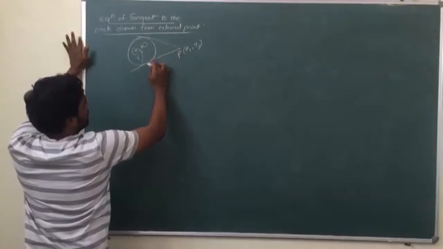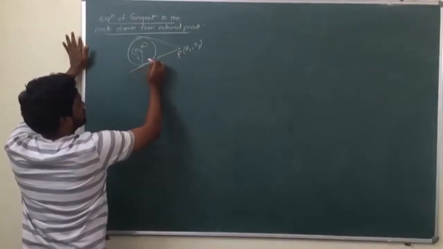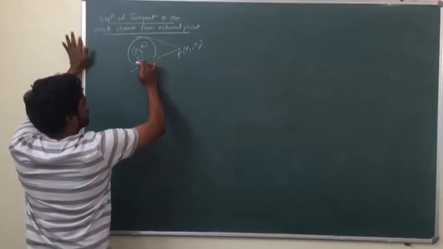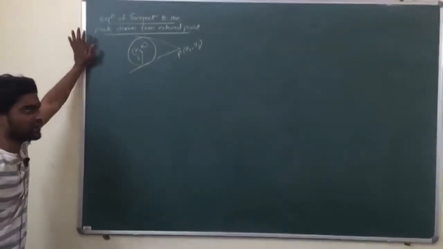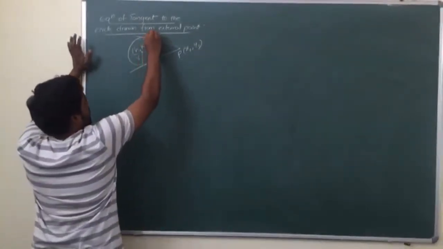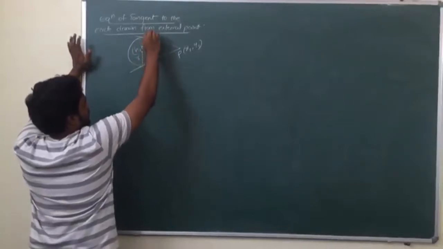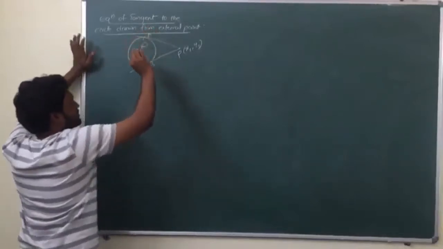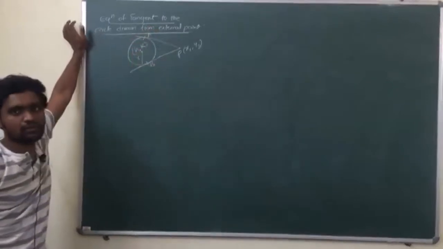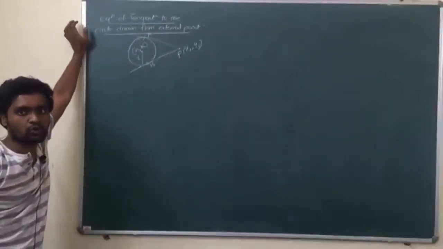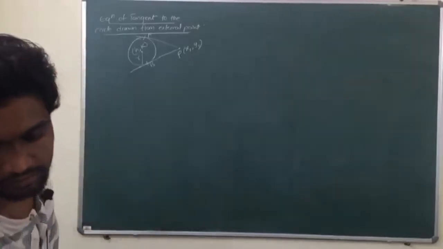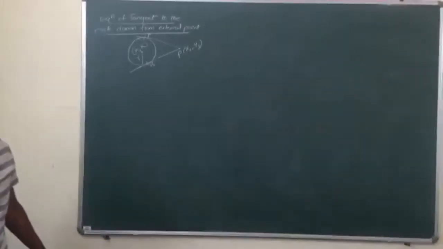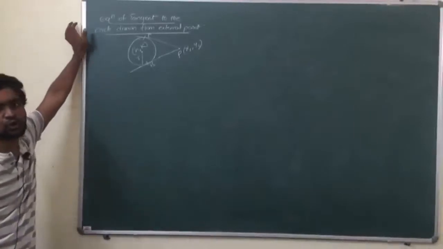So how many tangents are possible from an external point? Two tangents can be drawn from an external point to the circle. So A and B. Do you remember the value of PA and PB? PA is equal to PB is equal to root S11.